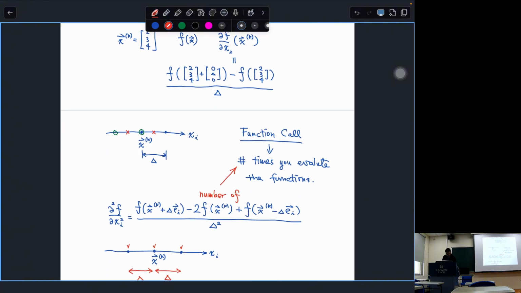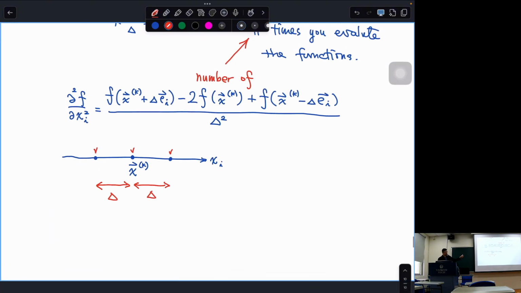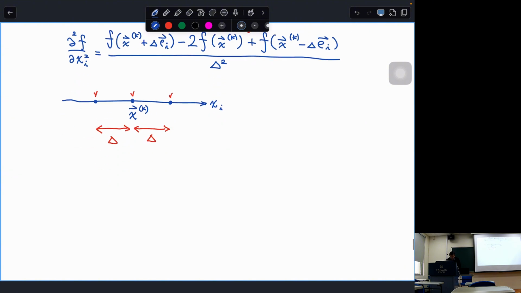So this is for second order partial derivative. But how about second order partial derivative with respect to two different x? So those are the off-diagonal terms inside the Hessian matrix.